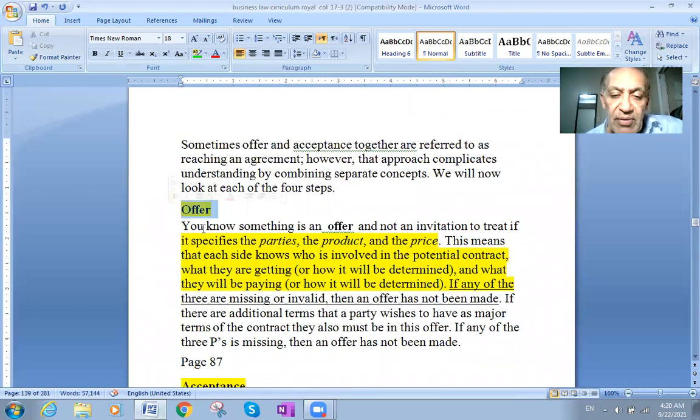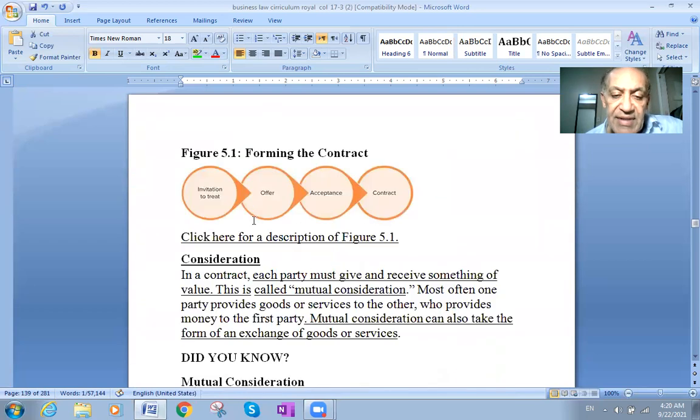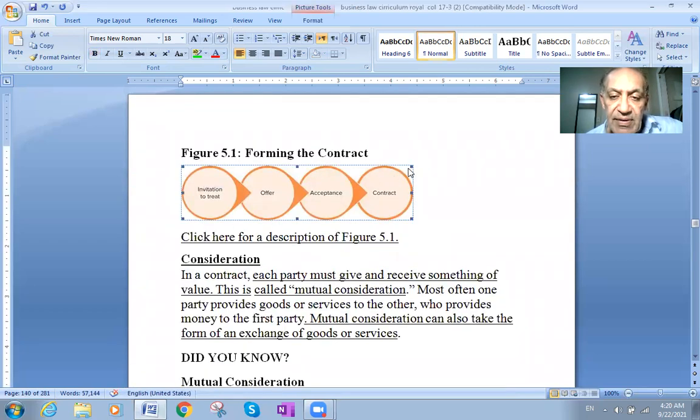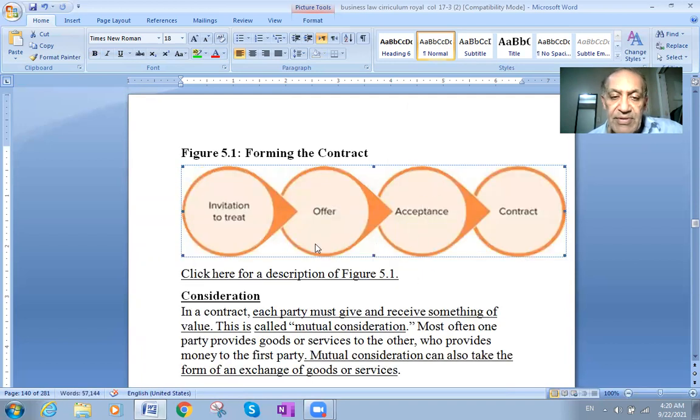We talked before about the offer and the acceptance. If you remember, let me remind you, the process starts with invitation to treat, then it goes into offer, and from the offer, it takes acceptance.